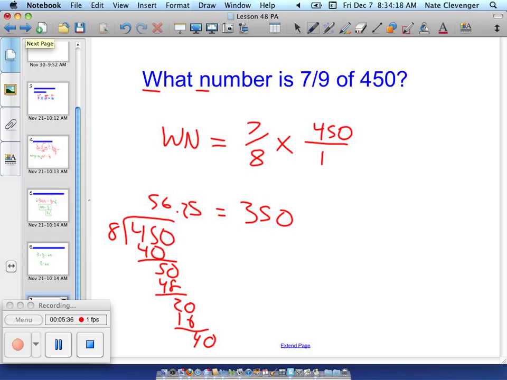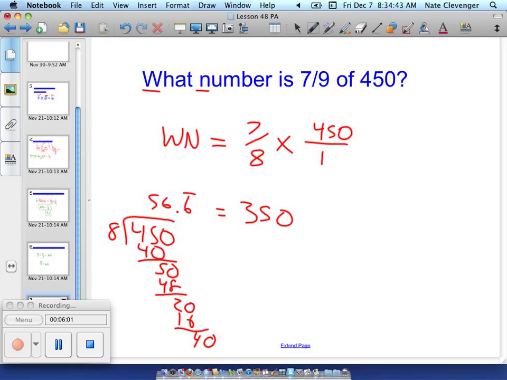But then you have to take that 56.25 times 7, which is easy. But let's say this ended up giving me 56.6 repeating. We can't accurately and exactly take 56.6 repeating times 7 to get the correct value. It'll be off a little bit.